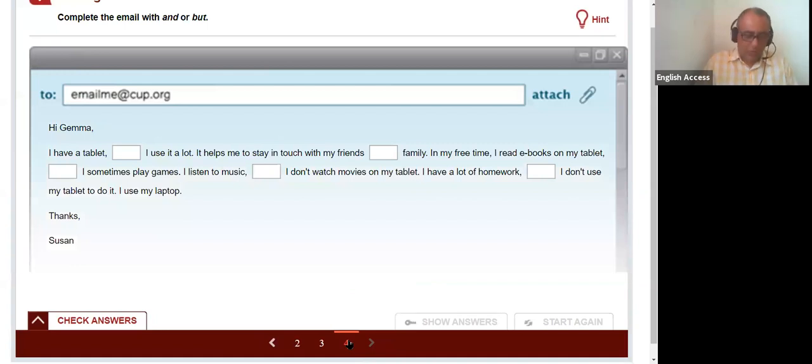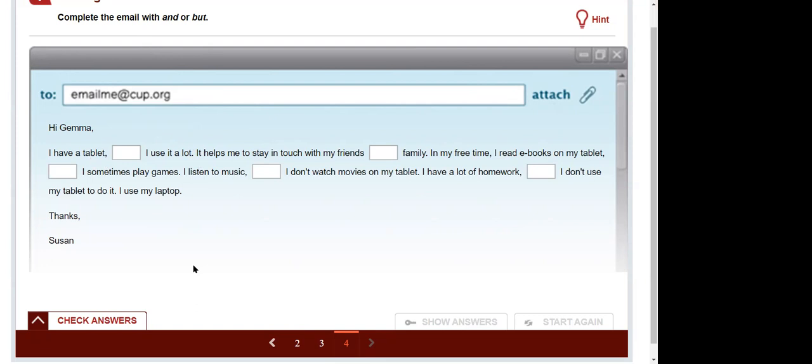We have another practice here in number 4. So we need to use and or but. What is the correct one? We need to use either and or but. I have a tablet. I use it a lot. But or and. And. Yes.